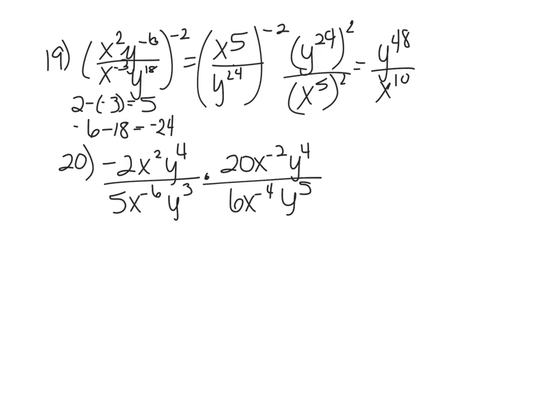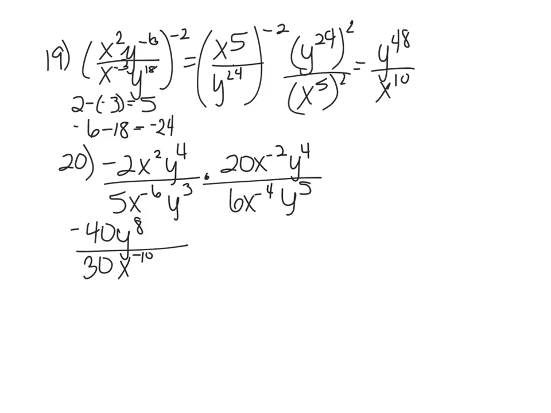So negative 2 times 20 is negative 40. 5 times 6 is 30. x squared on the top, x squared times x to the negative 2 is x to the 0, which is 1. So there's no x in the top. The numerator, y to the 4th times y to the 4th is y to the 8th. And in the denominator, we have x to the negative 6 times x to the negative 4, which would be x to the negative 10.